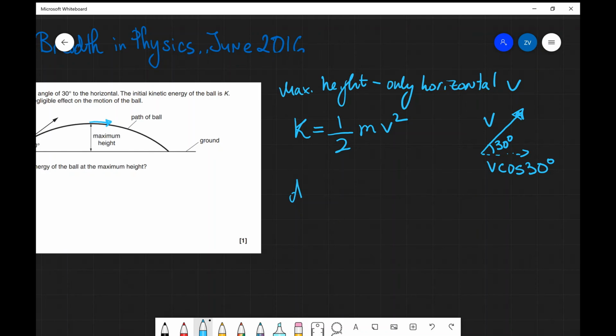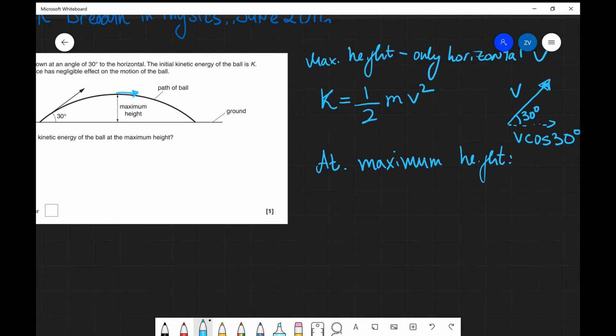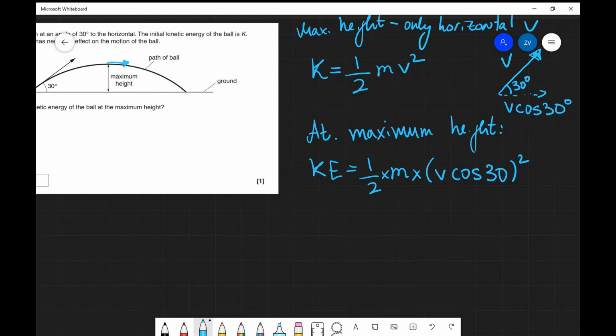So at maximum height, the kinetic energy of this ball, let's call it Ke just to differentiate that, is going to be a half times the mass times, rather than v squared, v cosine 30, all of it squared. Now I'm going to expand all those brackets.